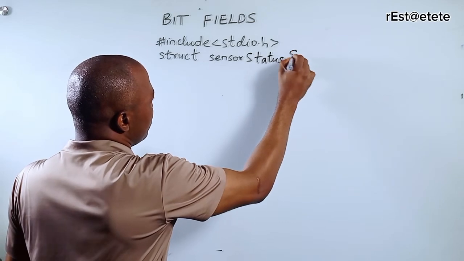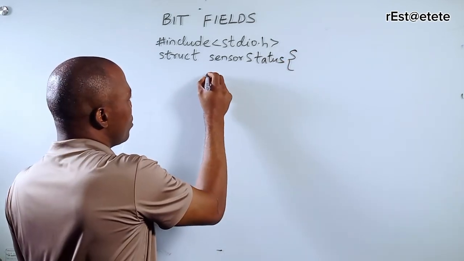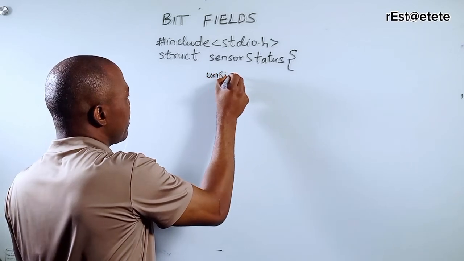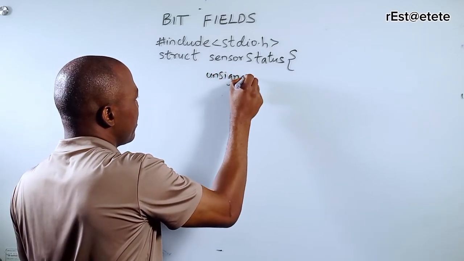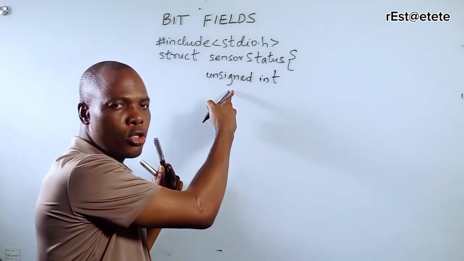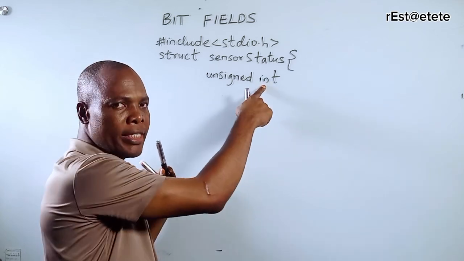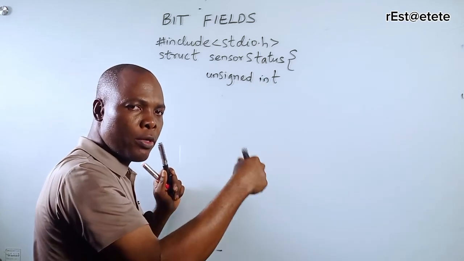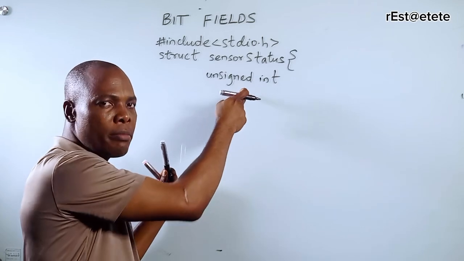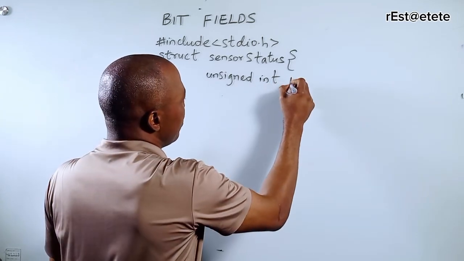Now inside this struct, I will use unsigned int, meaning I don't need negative values. If I just declare integer, it could give me negative or positive values, but unsigned means I don't need negative values. It's just positive values that I need. So I'll call this power.